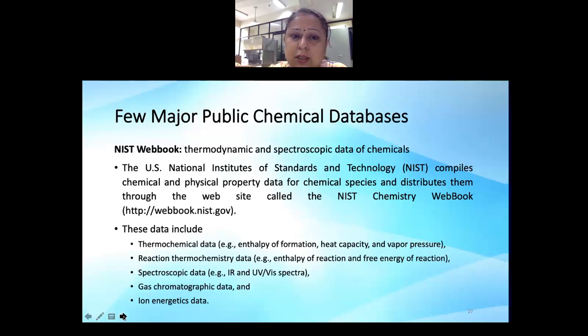Now comes the major public chemical databases. NIST WebBook. It contains thermodynamic and spectroscopic data of chemicals.